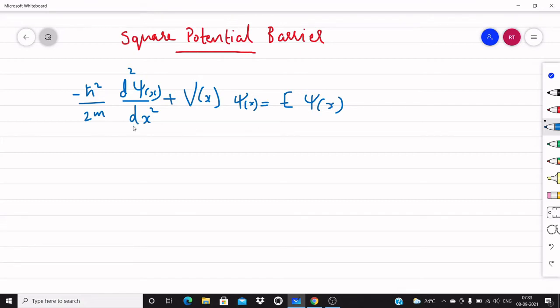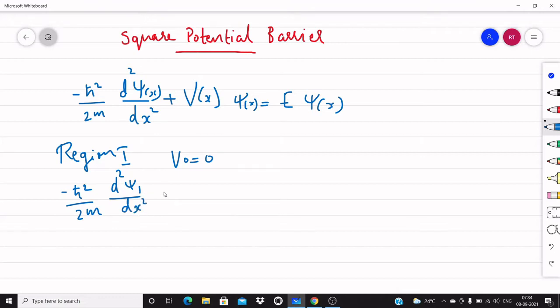We have to give the value V of x equal to 0 for the region. You know that we are taking region 1, where we have V0 equal to 0. Let us write the wave function in region 1 as psi1. So minus h cut square by 2m d square psi1 by dx square is equal to E psi of x. We have to rearrange it.